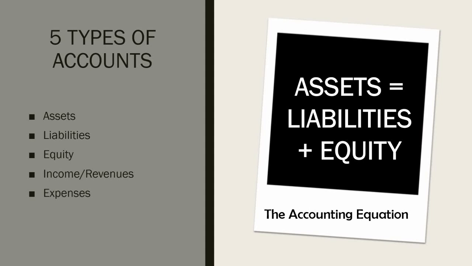And then lastly, we're going to be introducing you to expenses. Expenses are anything that is required of you to spend in order to have your daily operations for your business. Okay? So again, know that there are 5 account types. No more and no less. These are the standard 5. Okay?